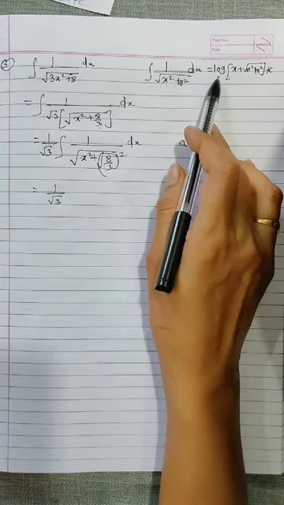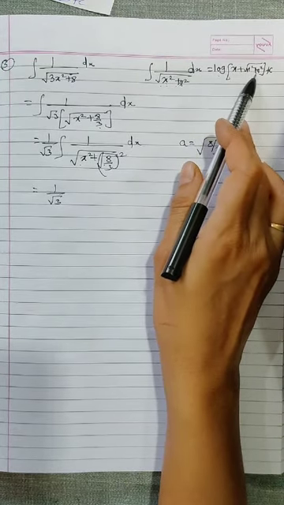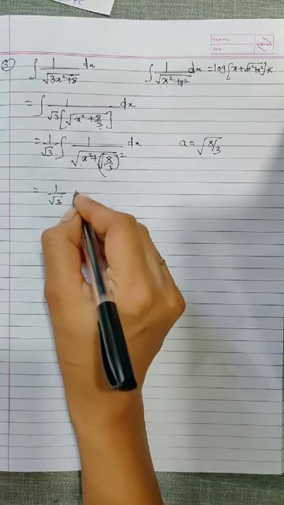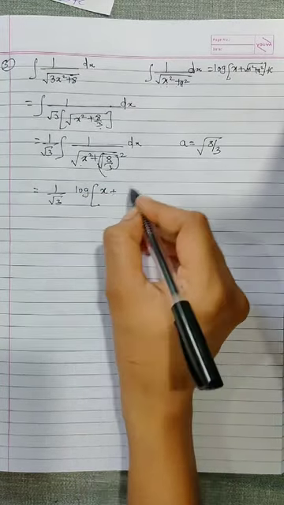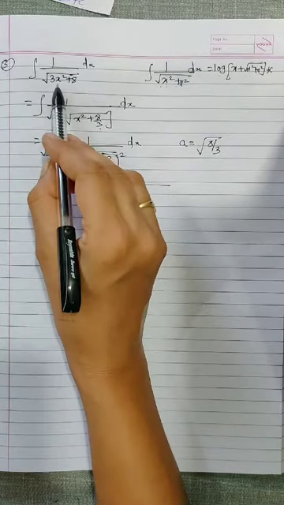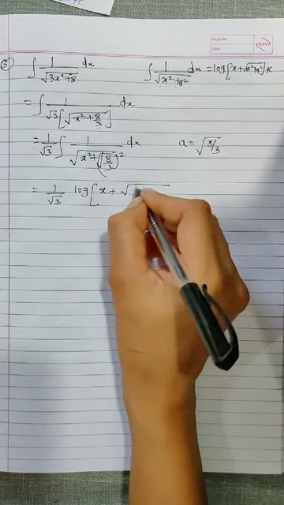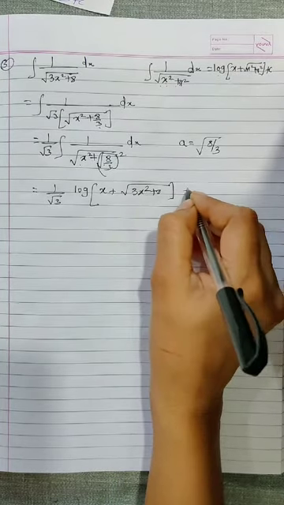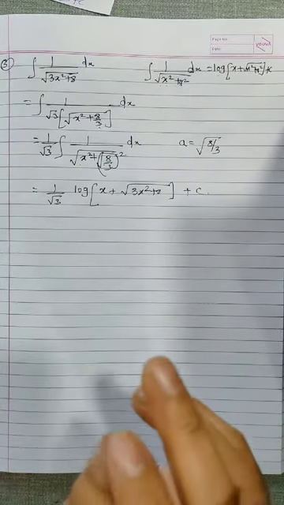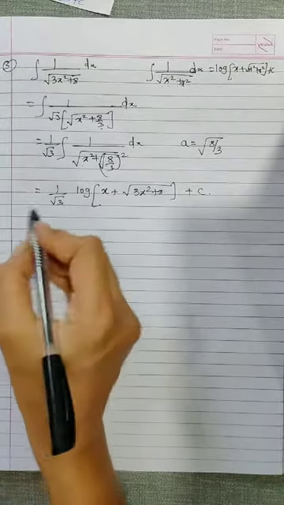It is equal to log of x plus under root x square plus a square. So 1 by root 3 log of x, x is as it is, plus under root x square plus a square, which is actually our original term, 3x square plus 8, and plus c. So in this way you have to solve the example.